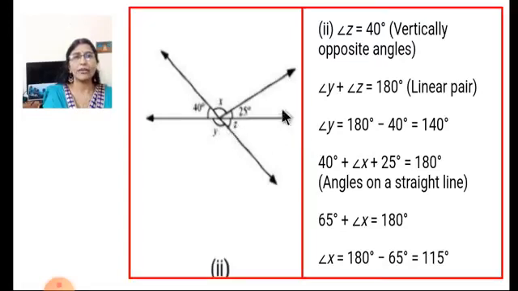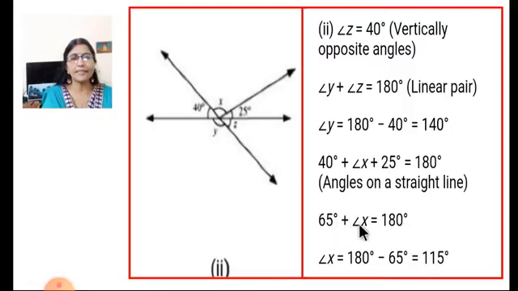And angle Z we have got here, that is 40 degree because these two angles are vertically opposite to each other. Now we are going to substitute all these values. We know this is 40 degree and angle X plus 25 degree is equal to 180 degree. These three angles are on a straight line. Now we are going to add 40 degree plus 25 degree, which is 65 degree.